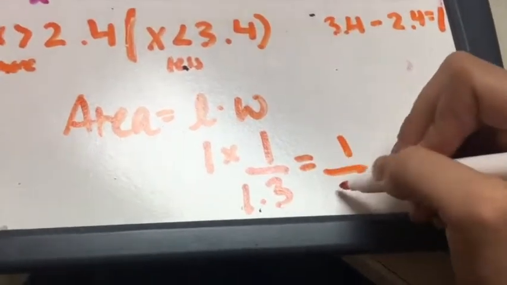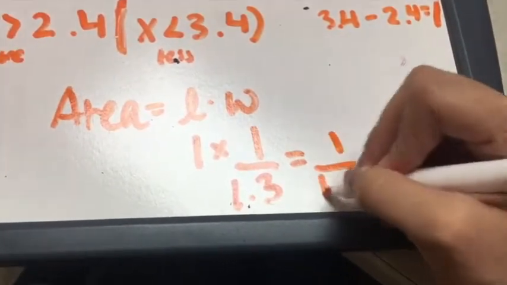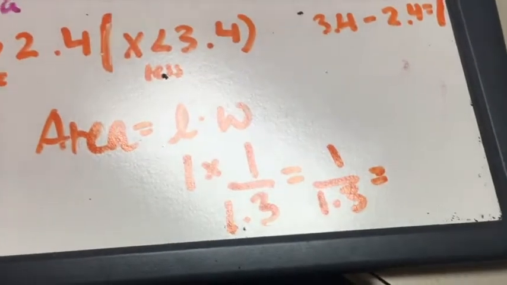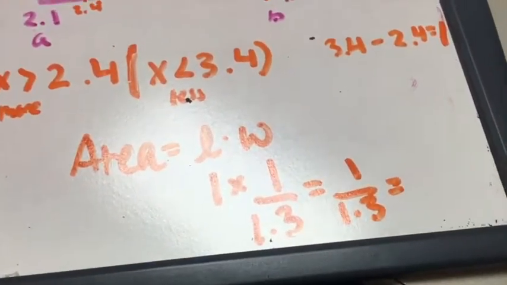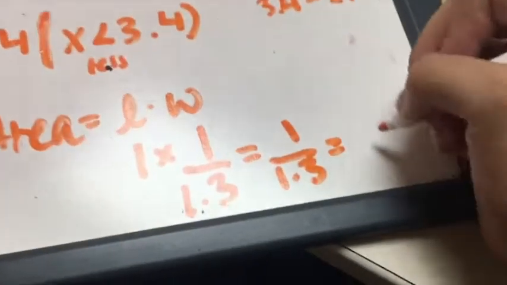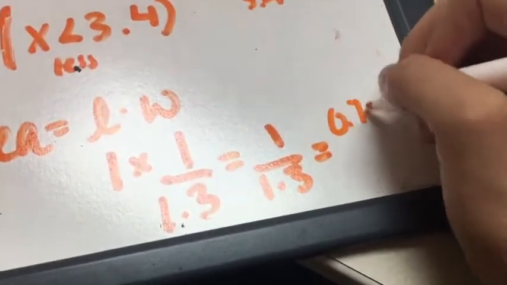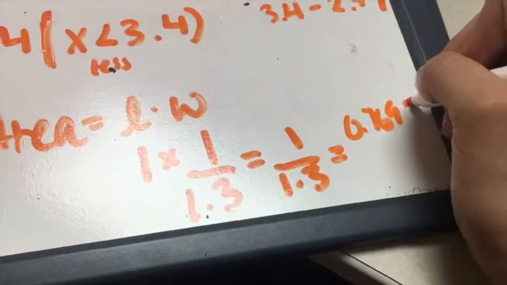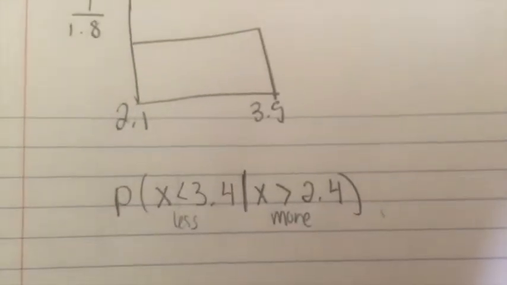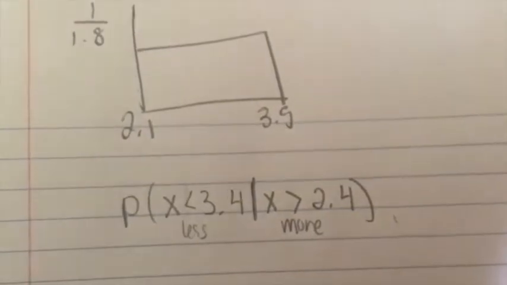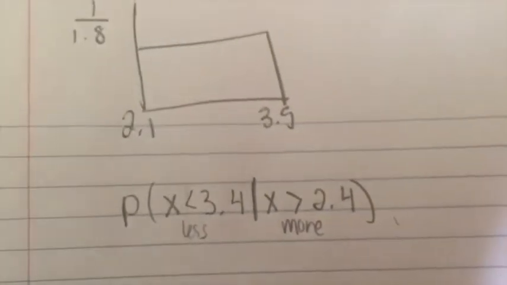So 1 divided by, just multiply across. Okay, and that is 0.7692, rounded.